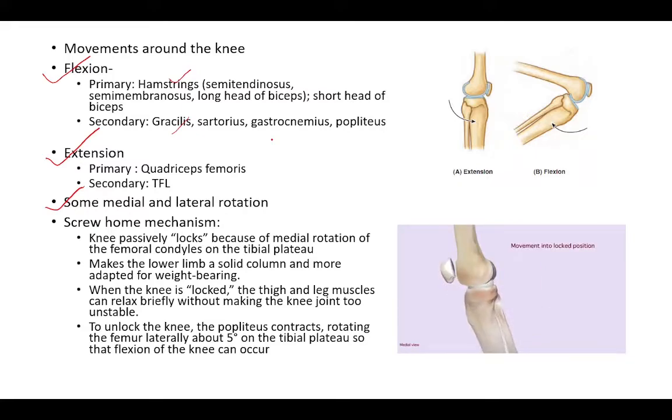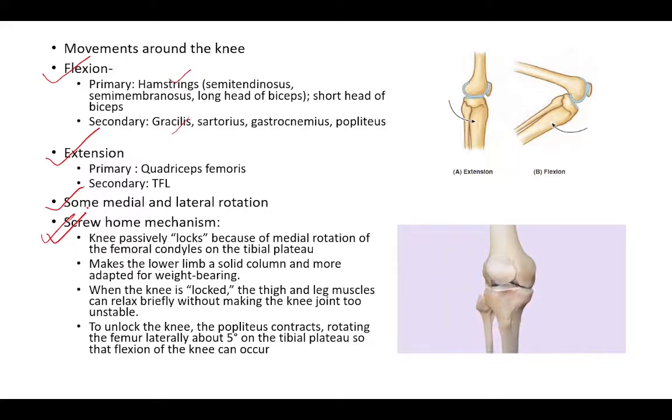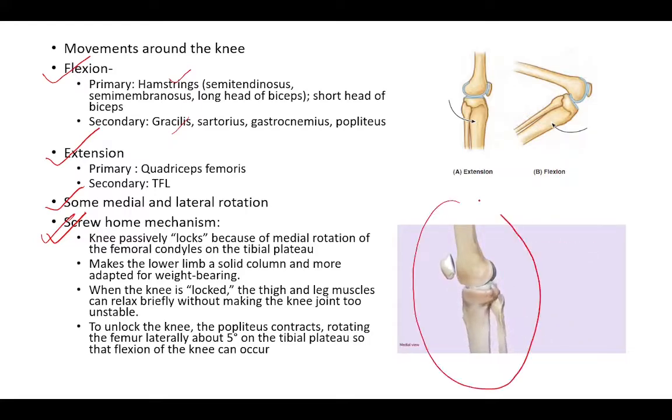Now, one important concept to understand in the knee is the screw home mechanism. In this, the knee passively locks because of medial rotation of the femur condyles on the tibial plateau. Here you can see that as the knee is extending, it has a tendency of locking with the femur condyles. Here you can see the rotation where the tibia is locking with the femur condyles.